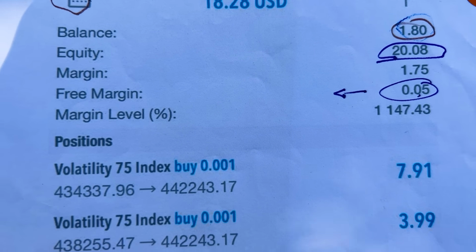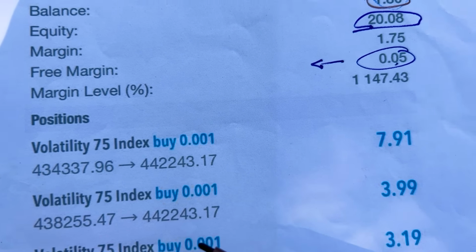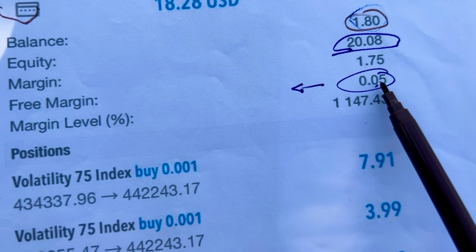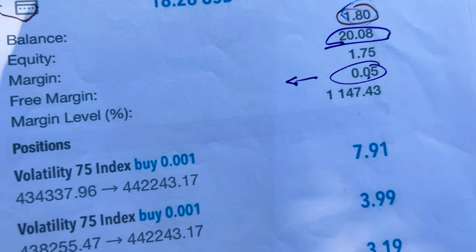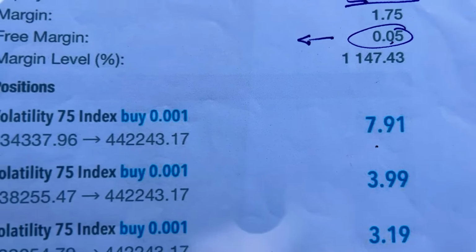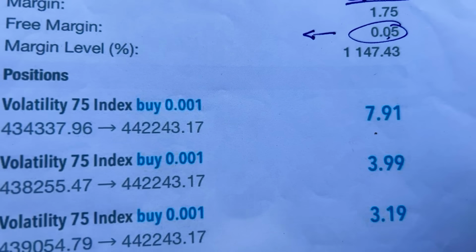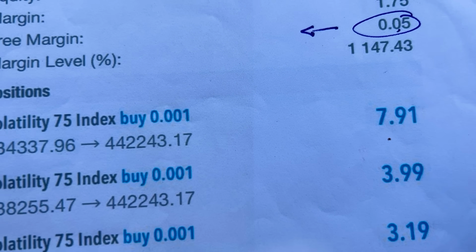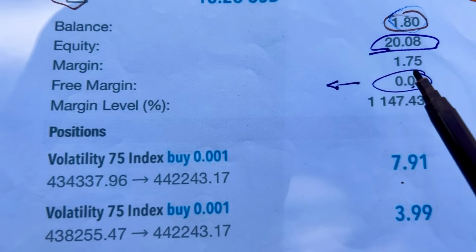Before we go to the numbers, because we need to actually understand the numbers. It's marketing because we only see that the free margin is 0.05, and that represents that these trades that I took here are higher risk, meaning that the number of points, that's where we're getting to the numbers, the number of points are going to affect this account quickly.